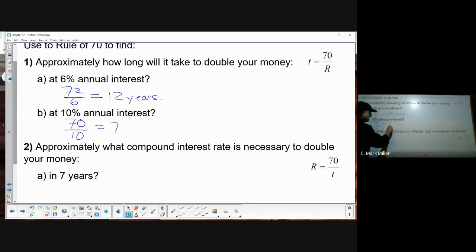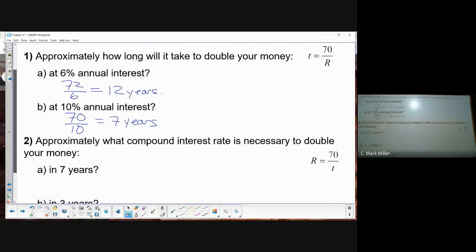That gives you 7 years. So if you go from 6 to 10%, the time it takes to double your money decreases. You'd expect that, right? It works the other way around.